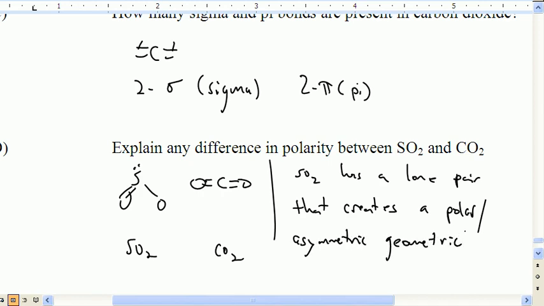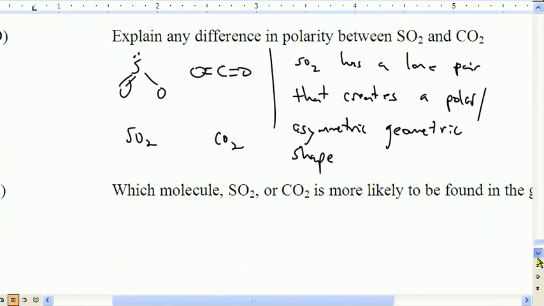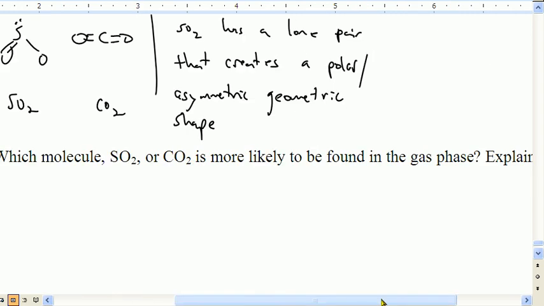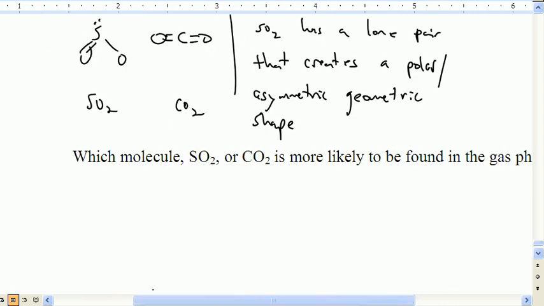Alright. Which molecule would be most likely to be found in the gas phase? Okay, so if you look at the sticky chart, SO2 is going to be here. That's dipole. And CO2 is going to be here. Right, almost done.